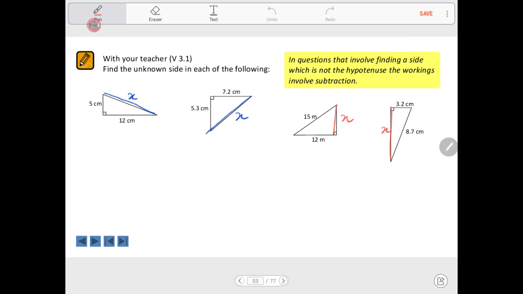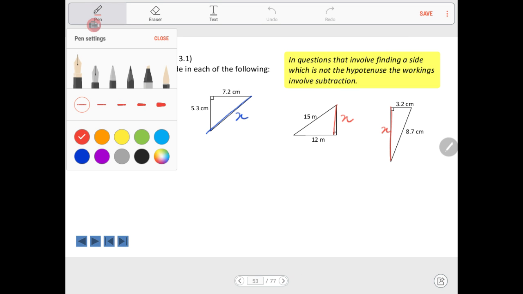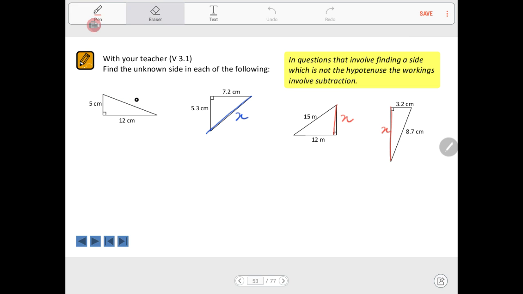So I might change my colour coding here a little bit. So in these two we're finding the hypotenuse, the longest side of the triangle, but in these ones, I'll change these to blue like they were on the other page.